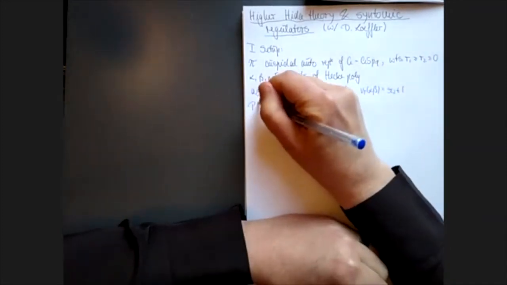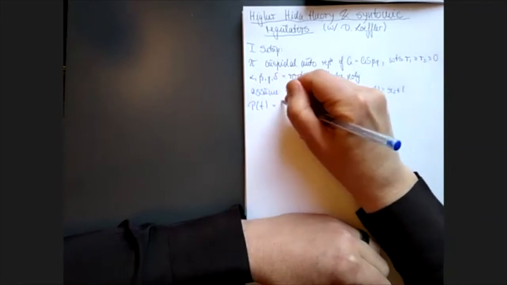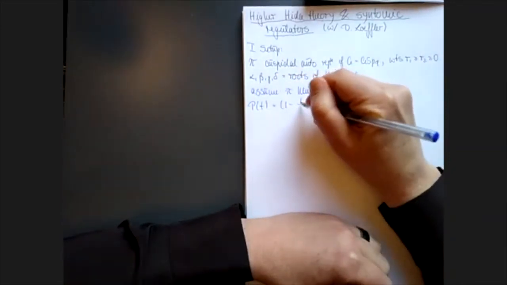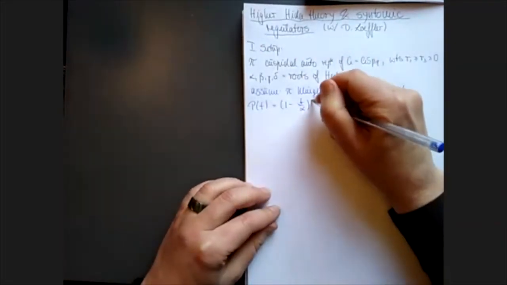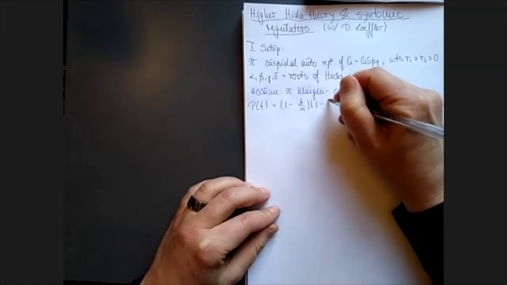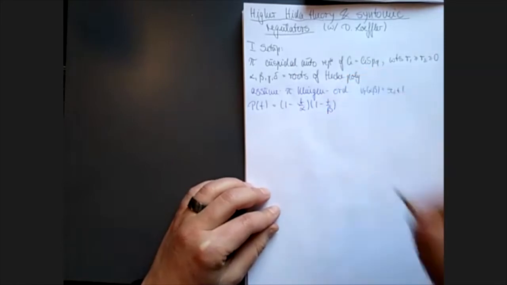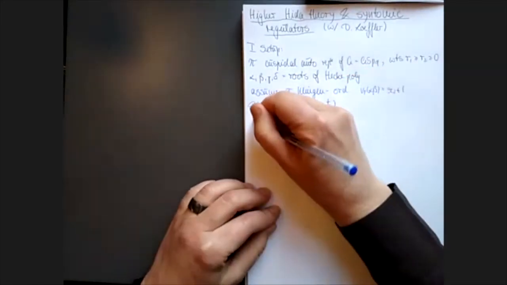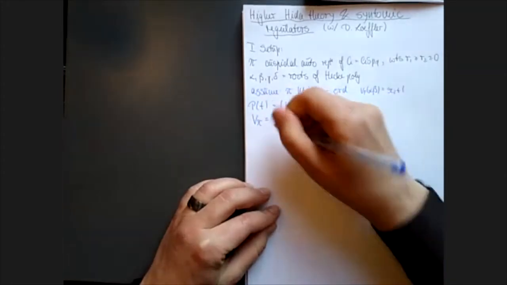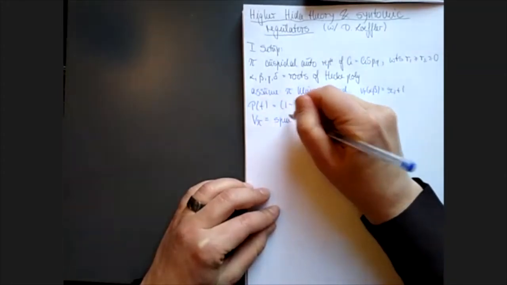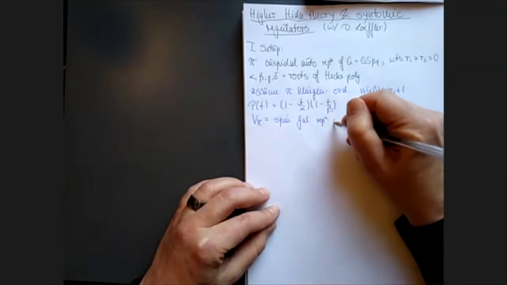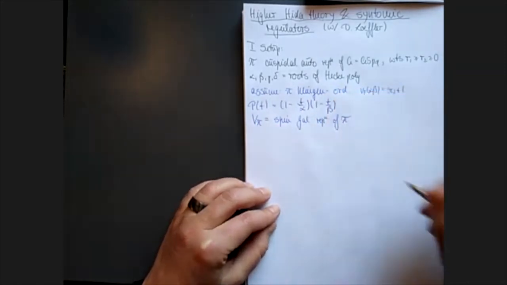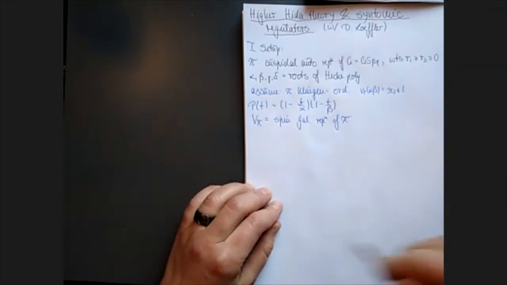And I define the polynomial P(t) to be (1 minus t over alpha) times (1 minus t over beta). Okay, and I write V_pi for the spin Galois representation attached to pi. So that's a 4-dimensional Galois representation.